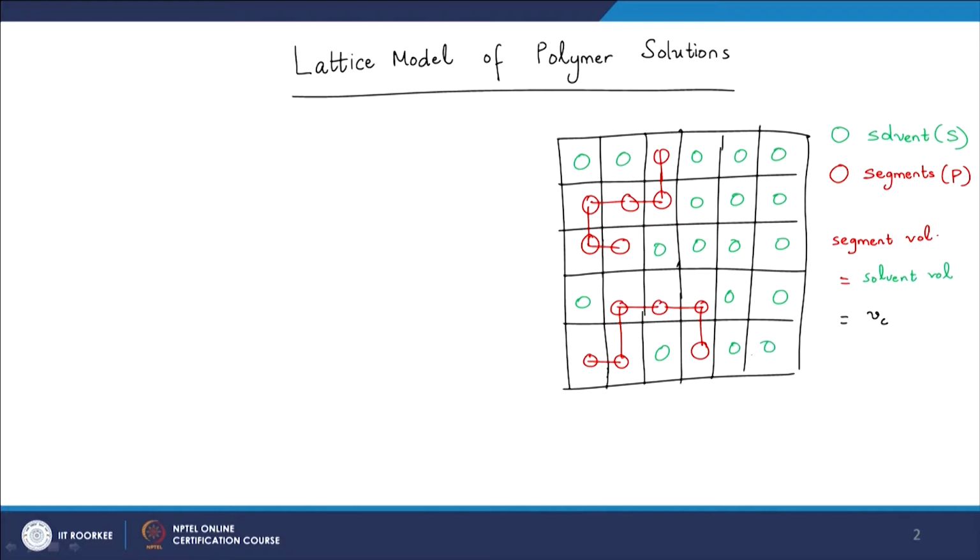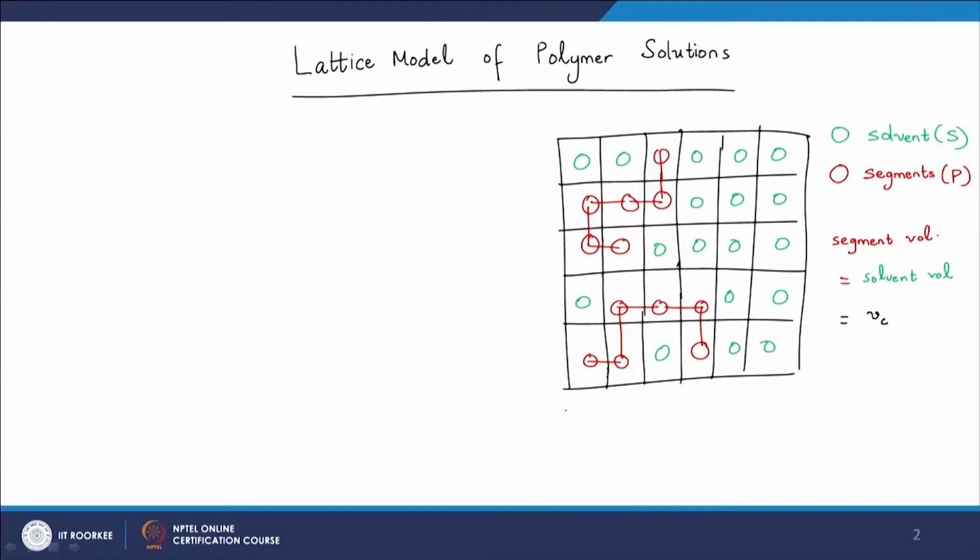So, now instead of NP and NS, solute and solvent, we have NP polymer chains of, let us say, some n segments each, and we have NS solvent molecules.